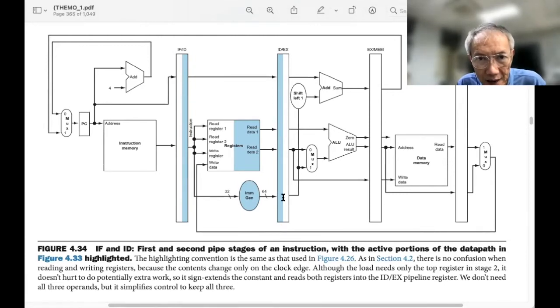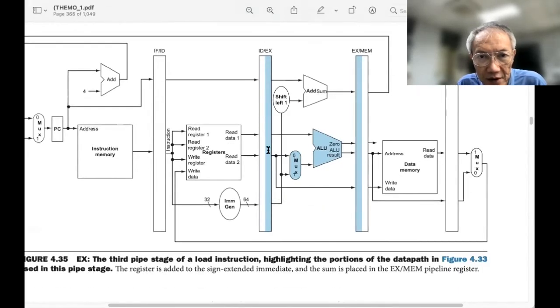And the value is updated to the wire in the ID/EX stage. So the value is already valid here to be added by the ALU, and the result becomes the effective address, or the output from the ALU here, and is written into the EX/MEM stage.